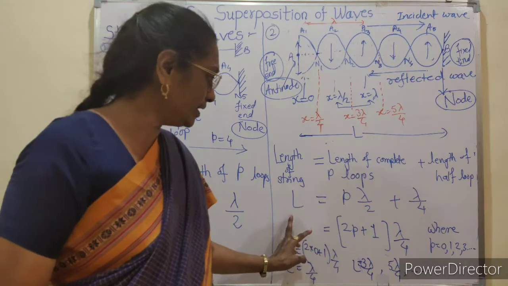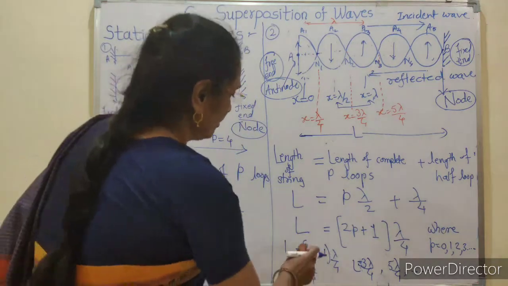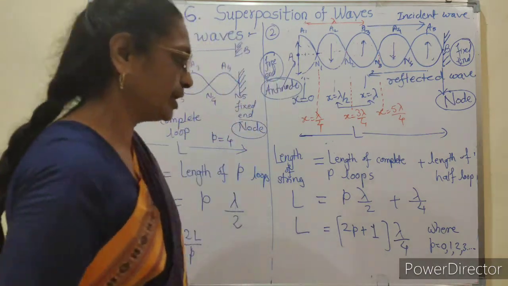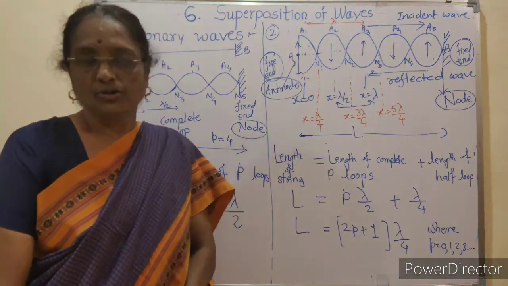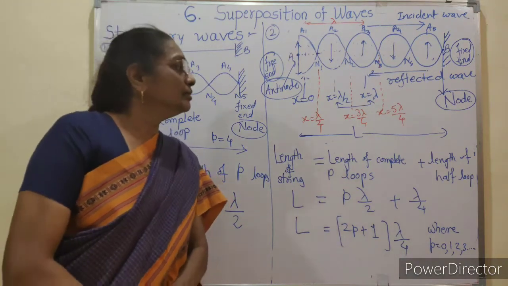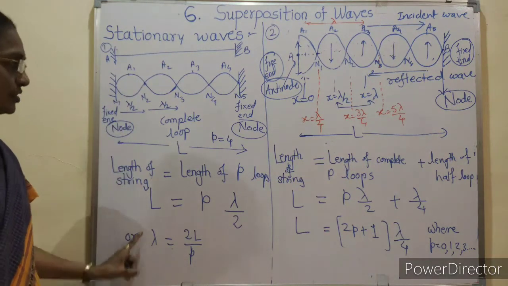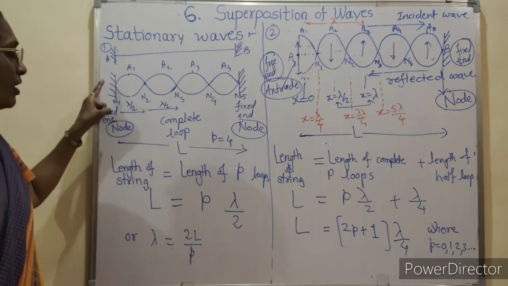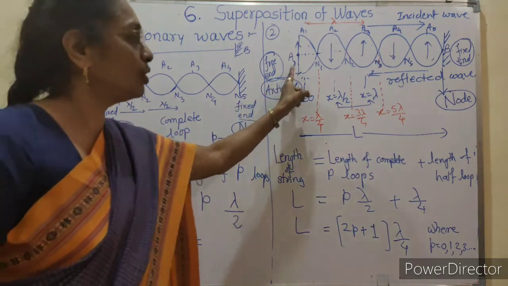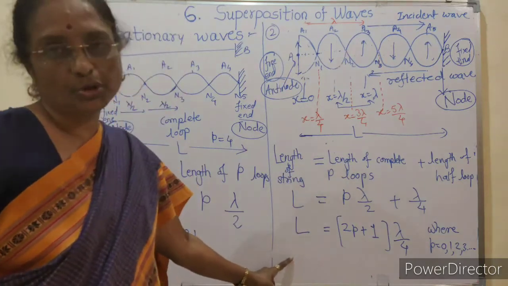We have to relate length and lambda in this way. So this equation we can use in the solution of some problems. Note these points near this diagram, or draw this diagram and note the point.